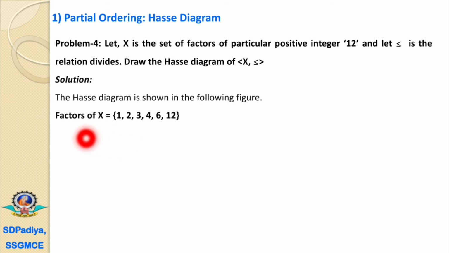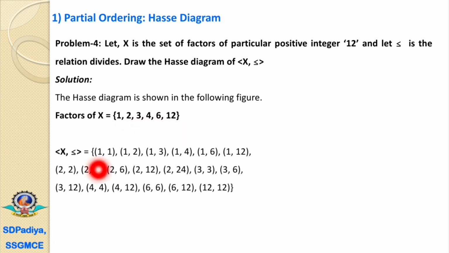If we find the factors of x, that is the factors of 12, then it is the set of 1, 2, 3, 4, 6 and 12. Now if we look at the divides relation between these 6 elements, then it is the set of (1,1), because 1 divides 1, (1,2), (1,3), (1,4), (1,6) and (1,12).